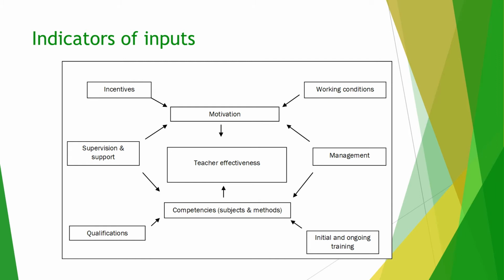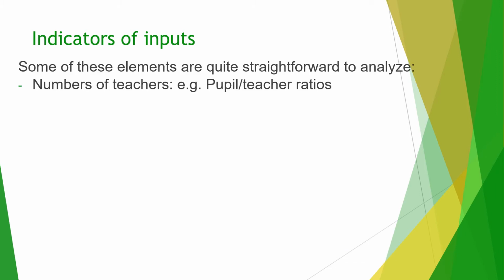So these different elements allow us to examine the teaching force in a broad manner. And some of these elements are quite straightforward, others less. The elements that are quite straightforward to analyze are, of course, the numbers of teachers.